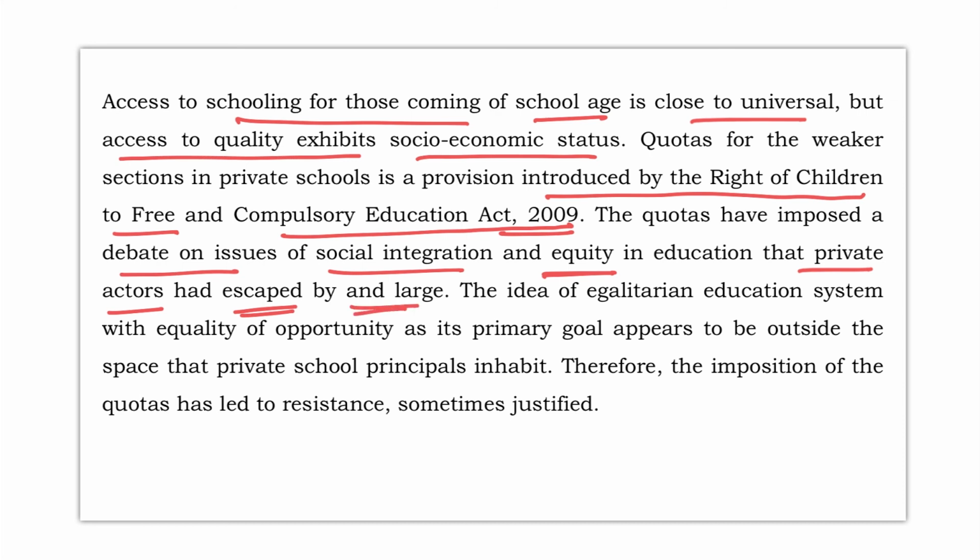The idea of an egalitarian education system with equality of opportunity as its primary goal appears to be outside the space that private school principals inhabit. Therefore, the imposition of the quotas has led to resistance, sometimes justified here.